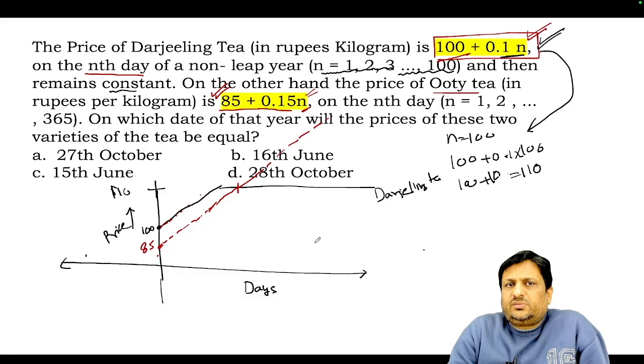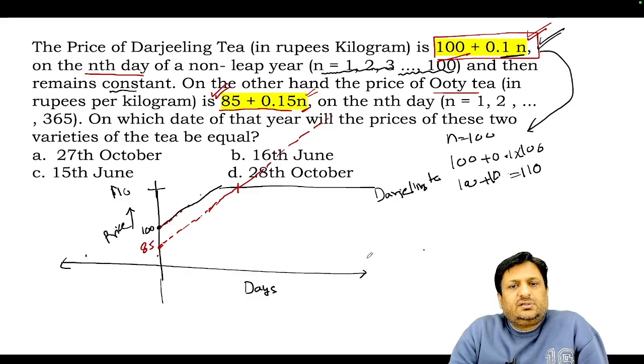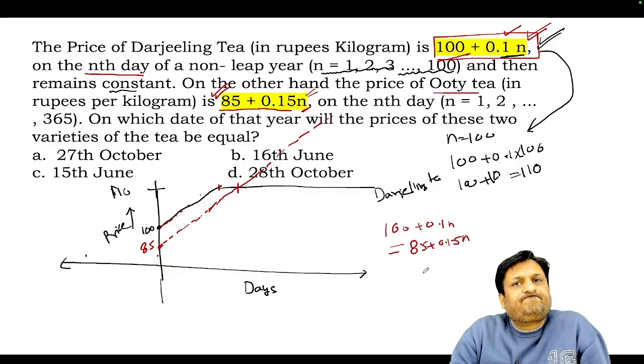There can be two possibilities. One possibility is that this intersection is going to happen before the 100th day. If so, then the price of Darjeeling tea, which is 100 plus 0.1n, should be equal to the price of OTT, which is 85 plus 0.15n.